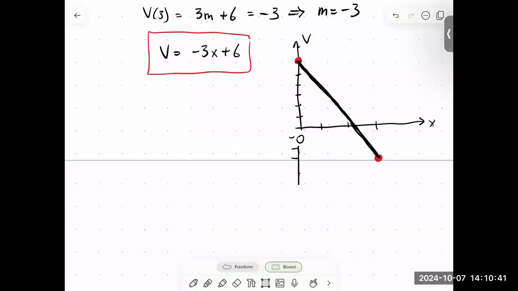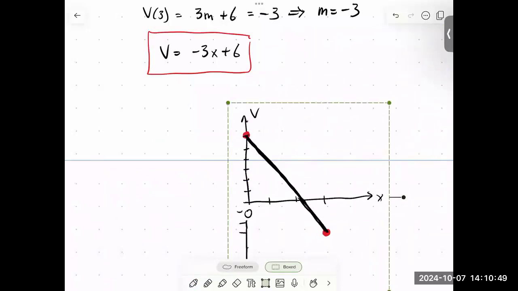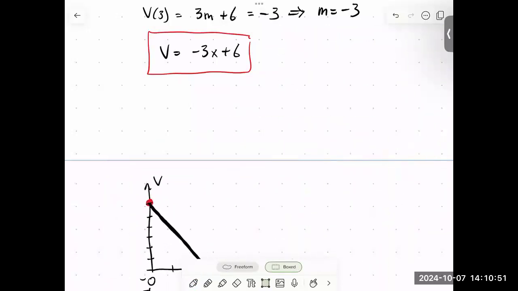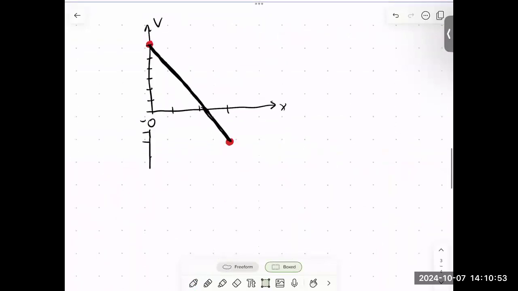Okay, and what I want to notice about this are some of its properties. Okay, so note number 1. There are no maxima or minima in our solution. All of the extreme values occur at the two boundaries.